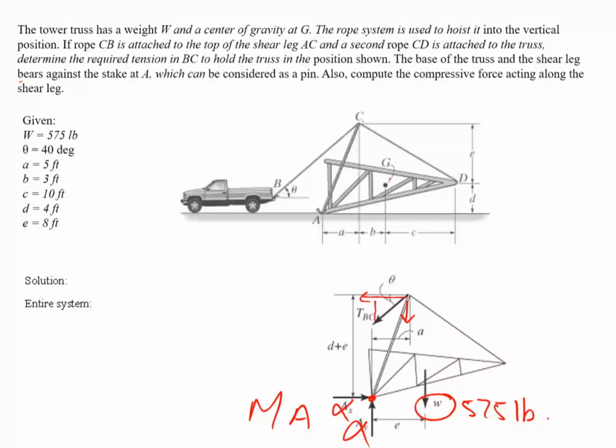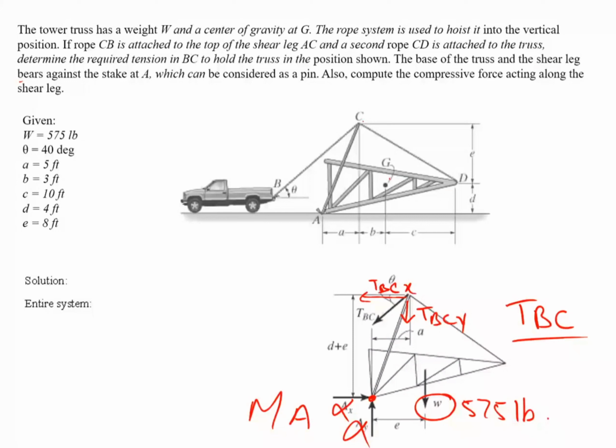So that's the unknown force, TBCX and TBCY. So by taking moment at A, you can easily get your TBC. Am I right? Yes, sir. So that's very easy. You can easily get your TBC out.